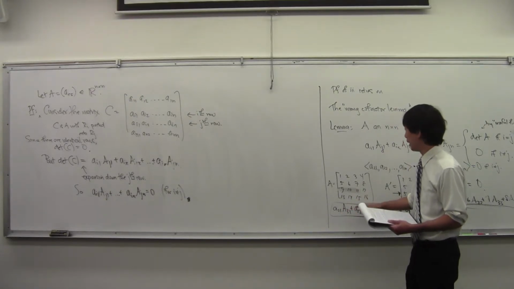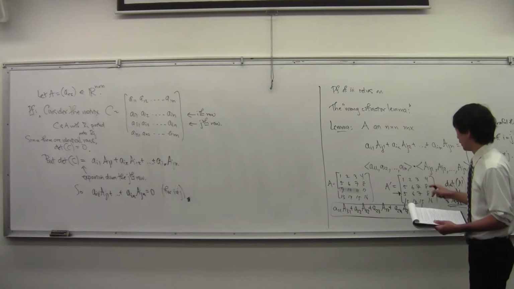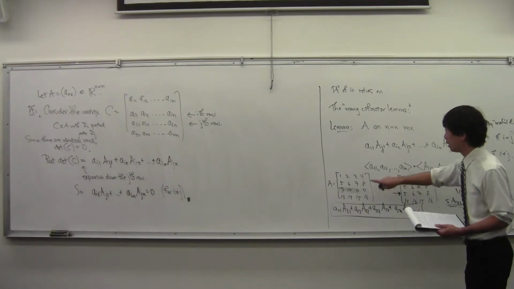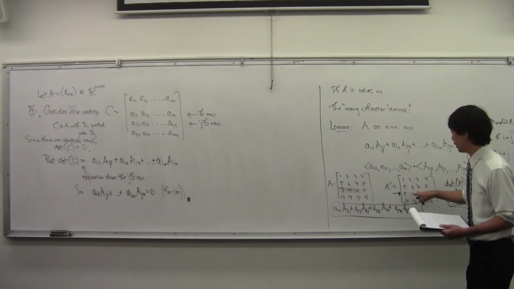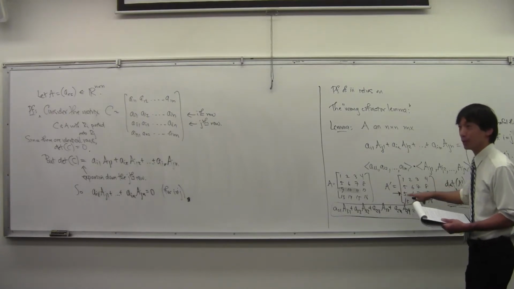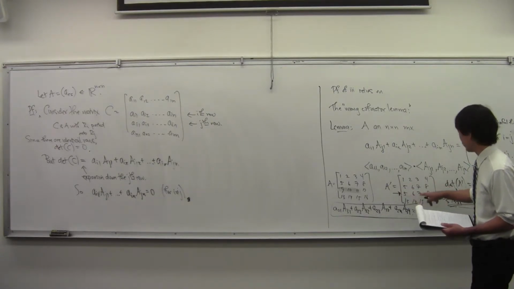And you think of it, and you say, actually, that's going to be exactly the same thing as if I took the second row and pasted it onto the third, and took the expansion of the determinant of the new matrix down the third row. Because you see what happens.